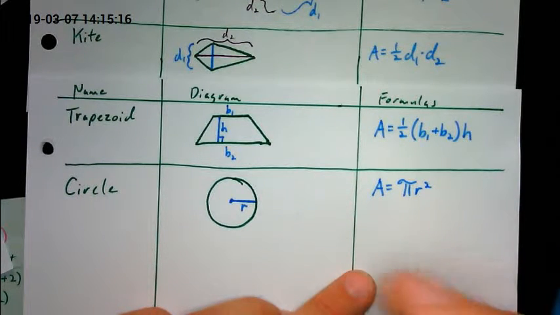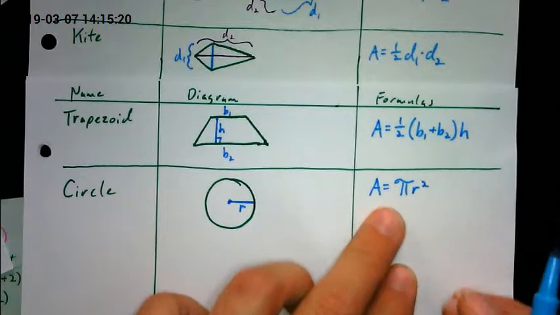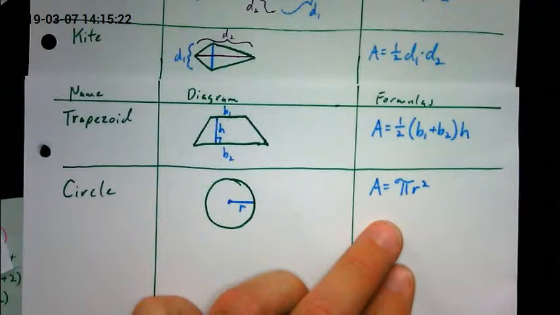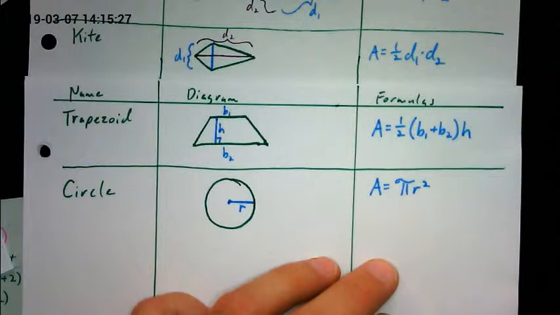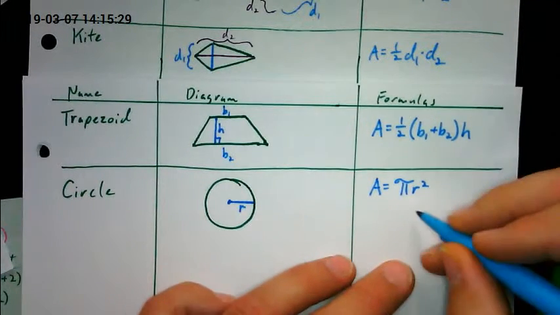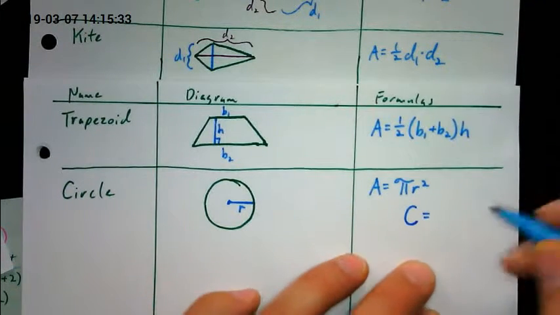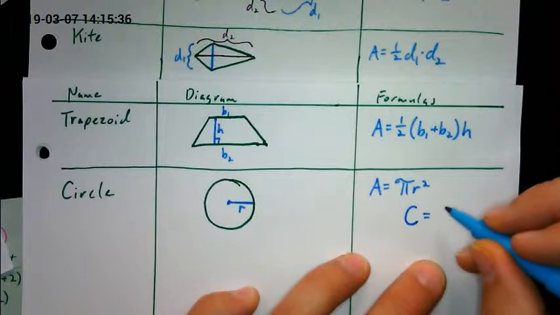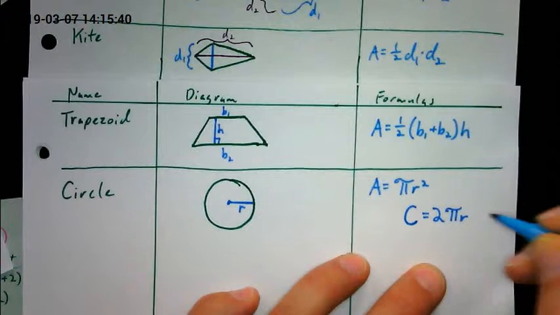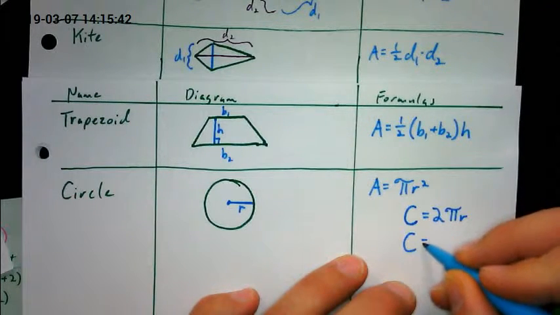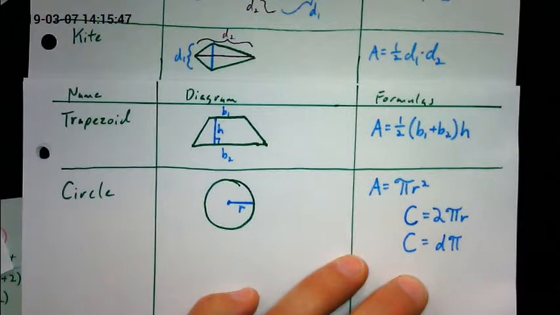Now, since we're talking about circles, I also want to go ahead and put another formula over here. So that's our area formula. There's another formula that comes in handy when we do circles. Well, we don't call it perimeter, we call it circumference. So distance around a circle is our circumference. That formula is either 2 pi r or diameter times pi.